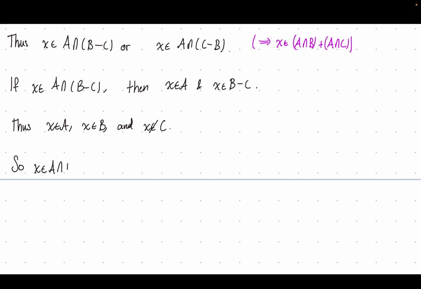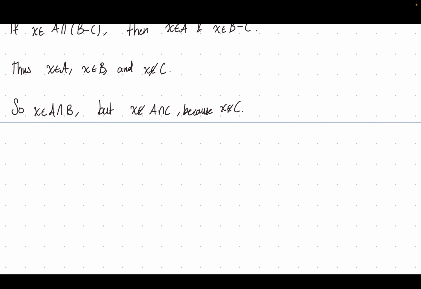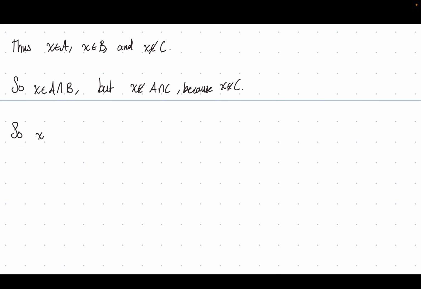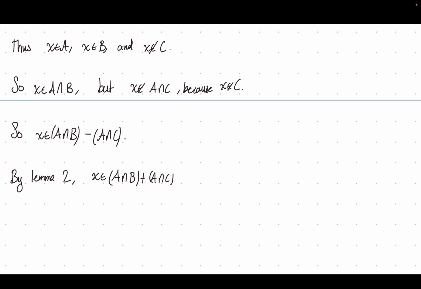So x is going to be in A intersect B, but x is not in A intersect C because x is not in C. So x is in A intersect B minus A intersect C. And by lemma 2, x is in A intersect B plus A intersect C. And let me just put the parentheses. Okay, cool. So that's one of them.